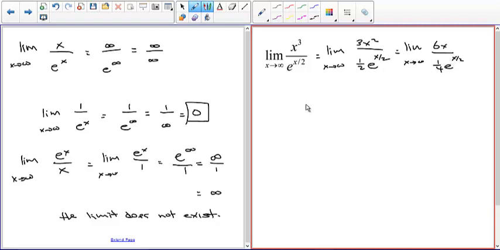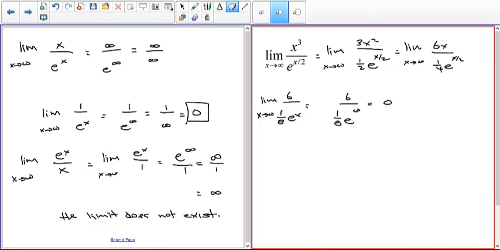That's still indeterminate. So one more time, you get the limit as x approaches infinity of 6 divided by 1/8 e to the x. Now you plug in infinity and you'll get 6 over 1/8 e to the infinite power, which is 6 over infinity, which is 0.